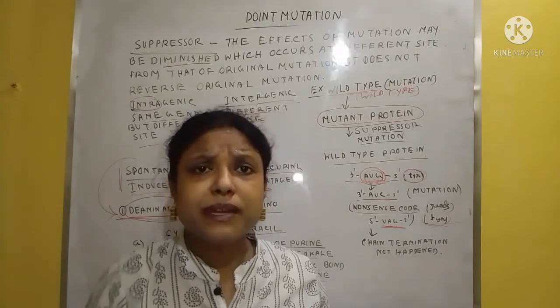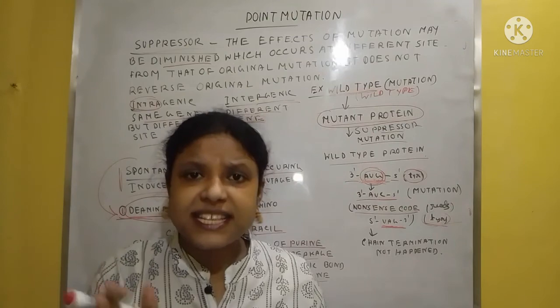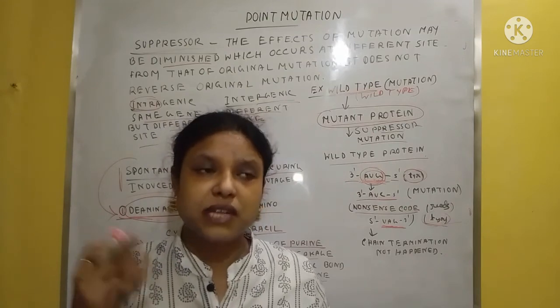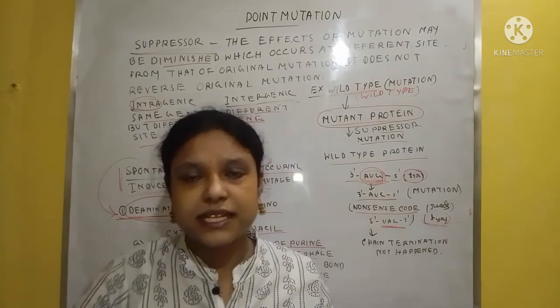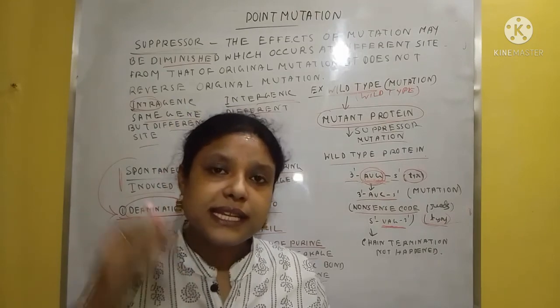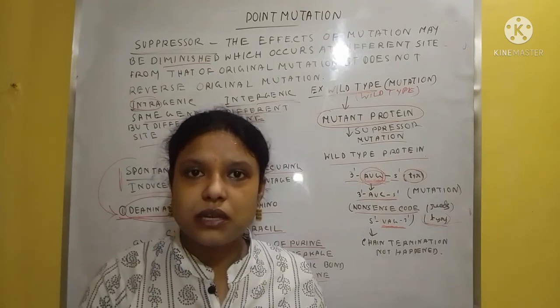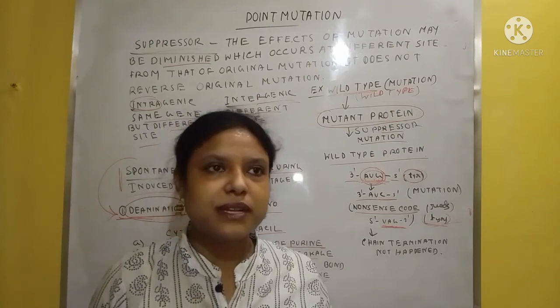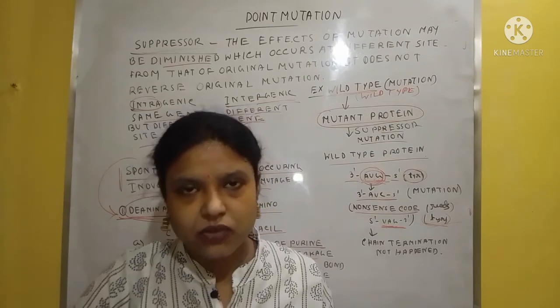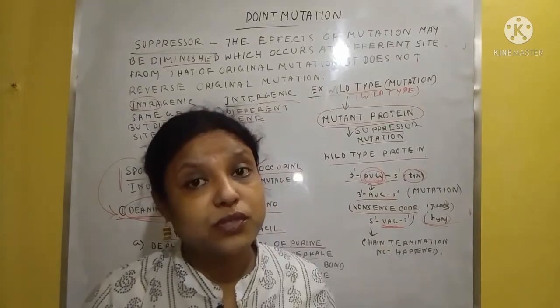The transposable element has the capacity to insert in any place. So when it inserts in a place of the gene that is not needed for its entry, then the mutation is created. This mutation is called the transposition mutation.